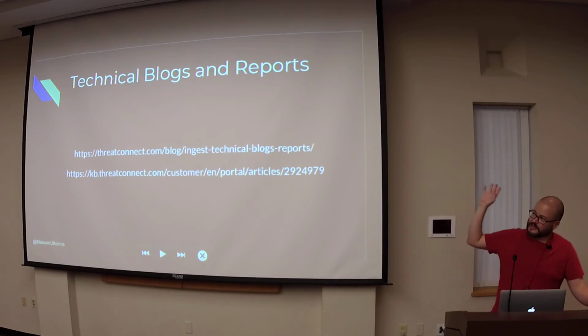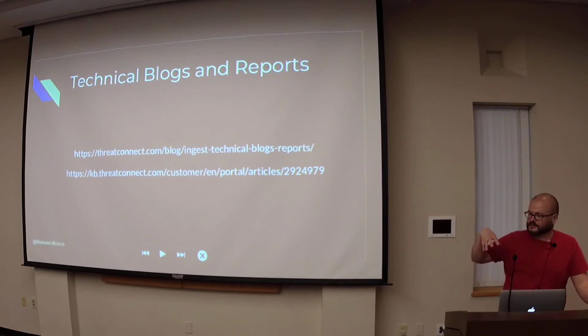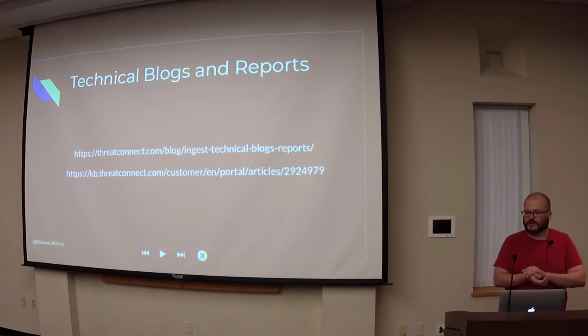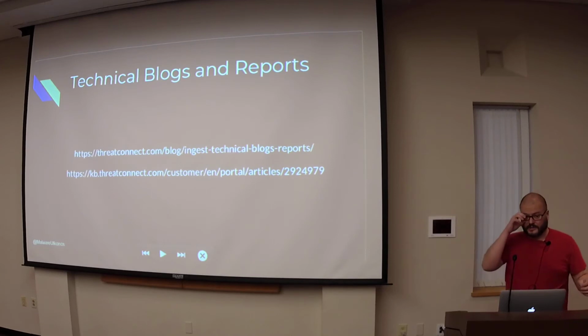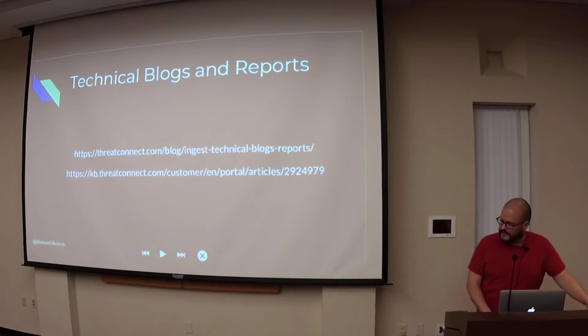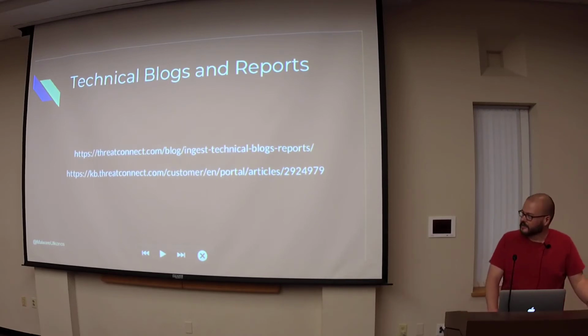Once you have the free account, there is a repository in ThreatConnect of all the technical blogs and reports. Any company that publishes a blog that has indicators in it, and is on an RSS or Atom feed, gets pulled in, and the indicators are pulled out, so you can read the blog and have indicators associated with it: URL indicators, IP address indicators, hostname indicators, et cetera. So that's all there.